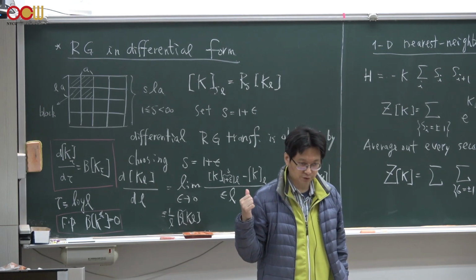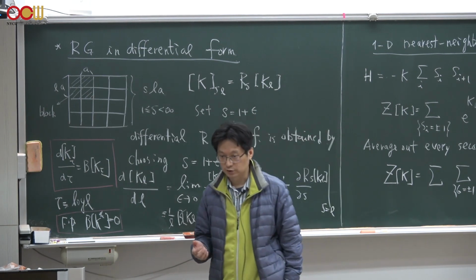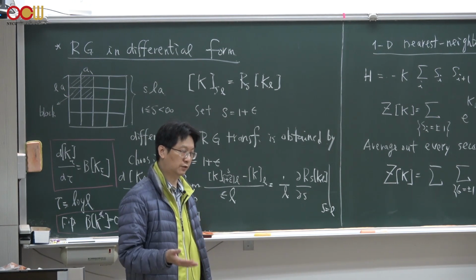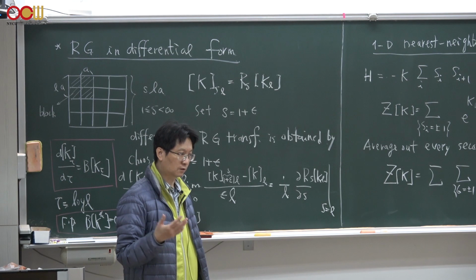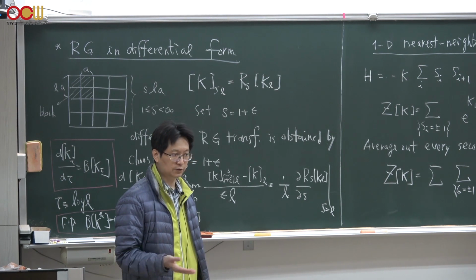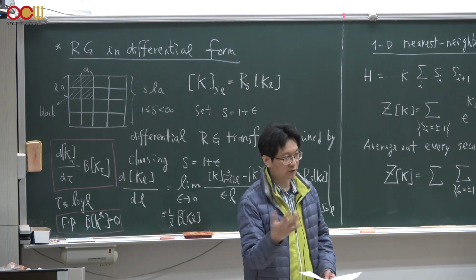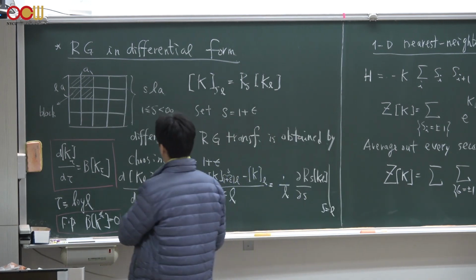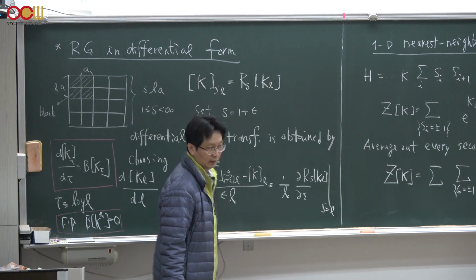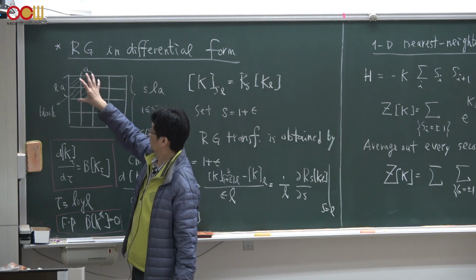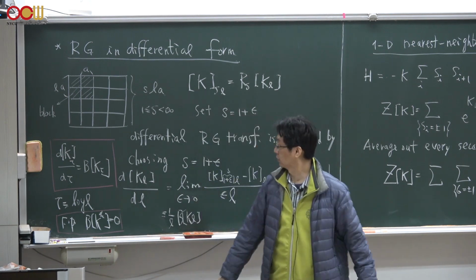This differential form of RG equations is in terms of differential equations. And we solve the differential equations for the coupling constants as a function of the scale factor. And then we could find out how the coupling constants flow. So imagine this is my lattice, with lattice constant a, and we perform this block spin transformation on this lattice.